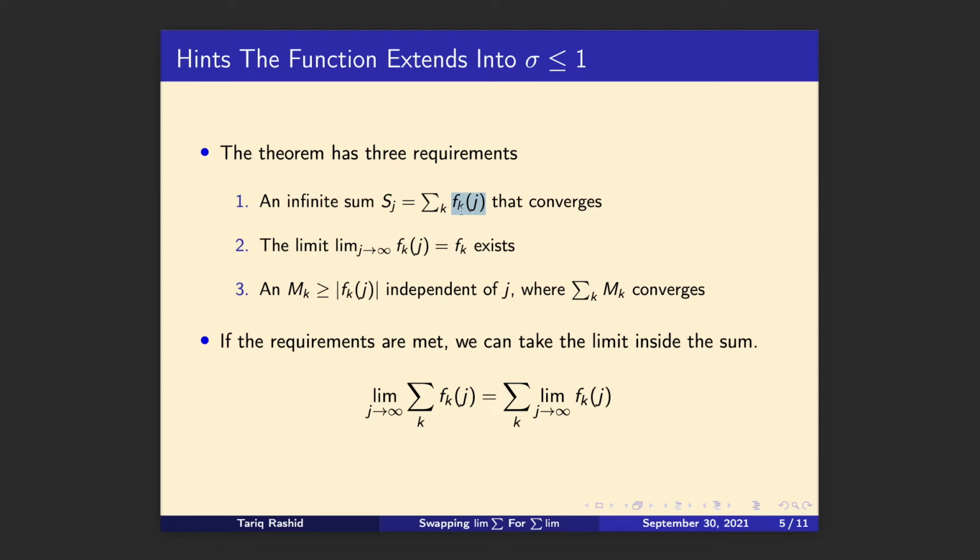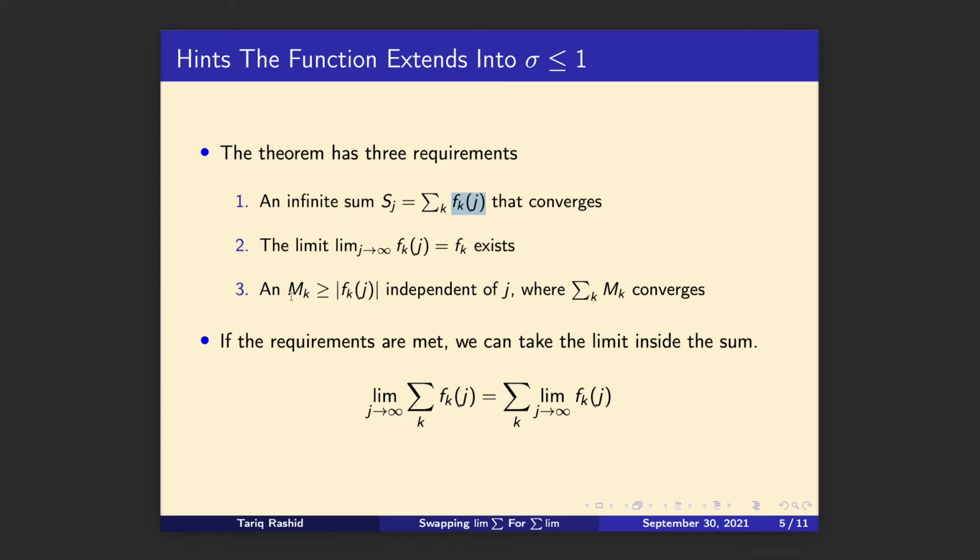So that means it has to behave normally in some sense. It can't become undefined or explode. So far, nothing too onerous. The theorem is actually quite lax in terms of its requirements, so it means that the operation of swapping limits and sums probably can happen more often than not.